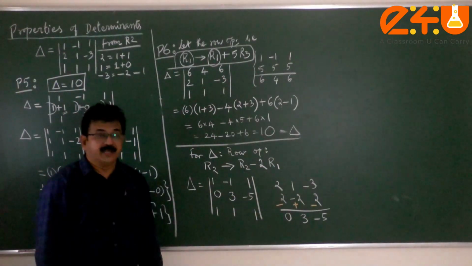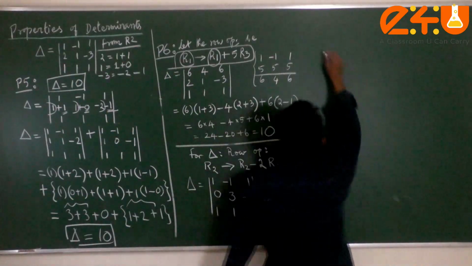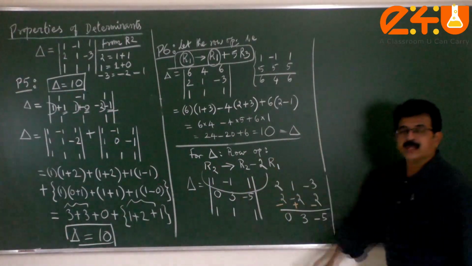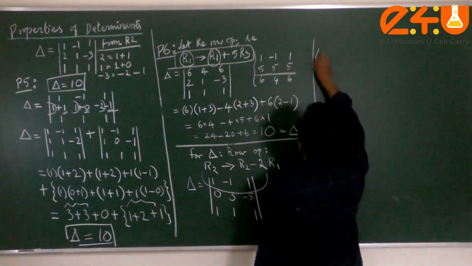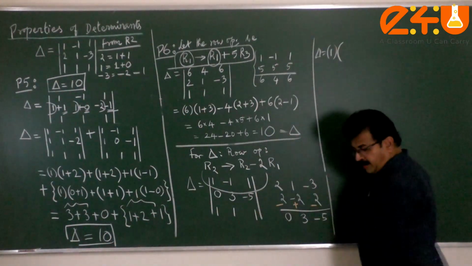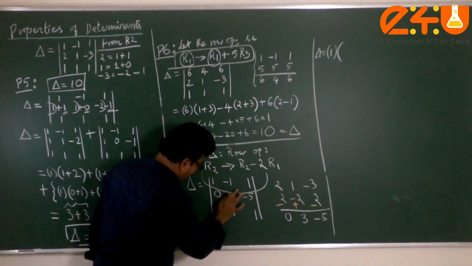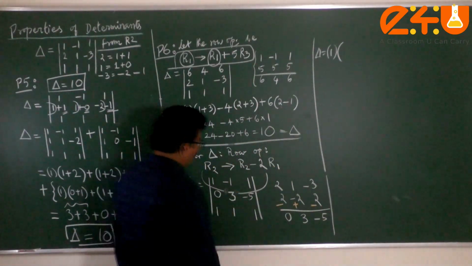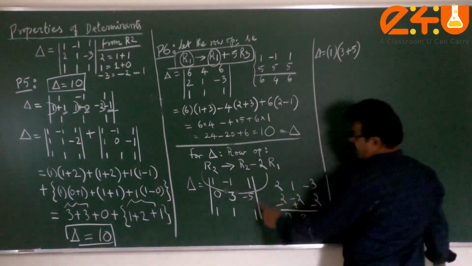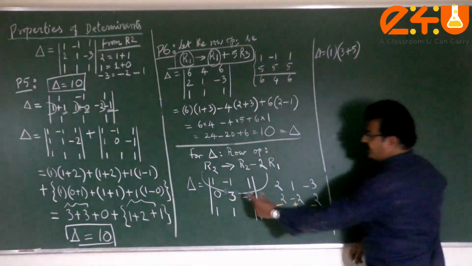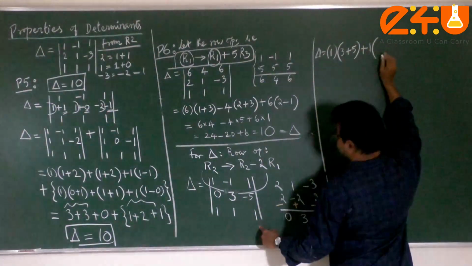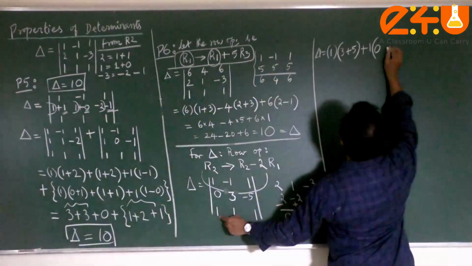Let us evaluate and see what is the result of this determinant. We are expanding by row 1. So first element 1 followed by the cofactor: 3 times 1 minus of minus 5, so it makes plus 5. Followed by cofactor, positive plus 1, and the minor is 0 minus of minus 5.